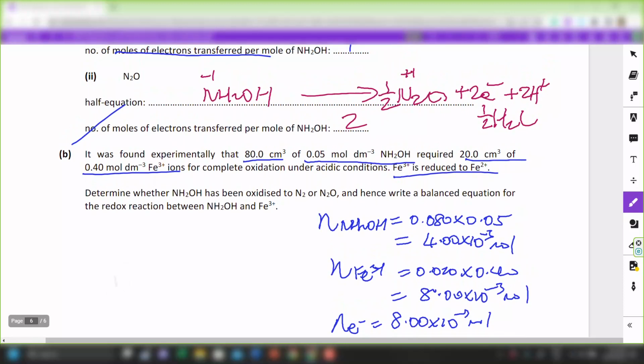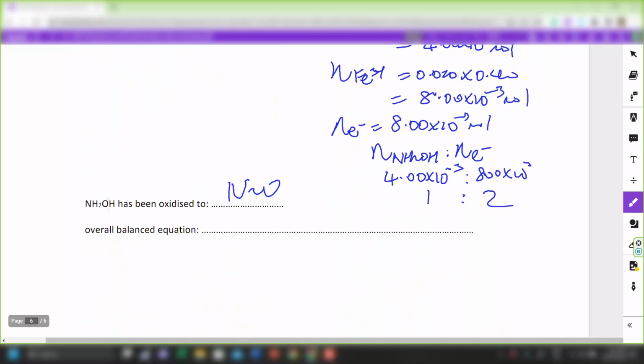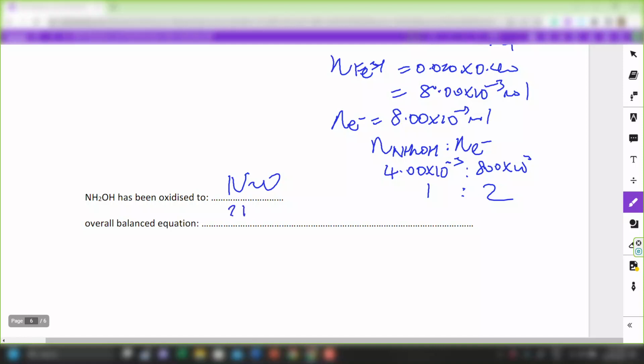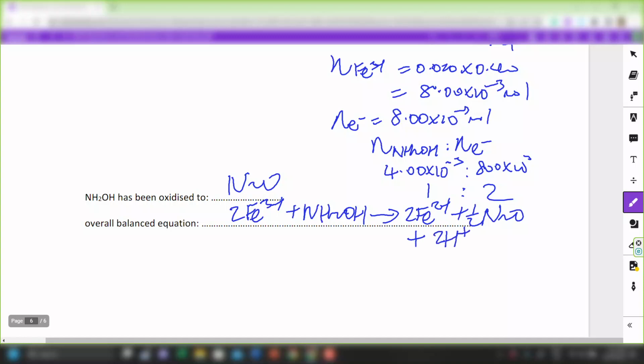So NH2OH, I'm going to have 2 iron, so 2Fe3 plus, plus NH2OH, and I'm going to get 2Fe2 plus, half N2O, then plus 2H plus, half H2O. So this will be the overall balanced equation.